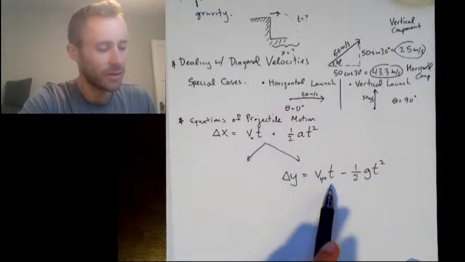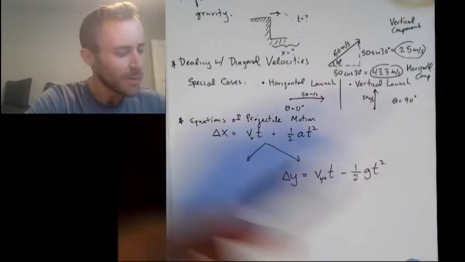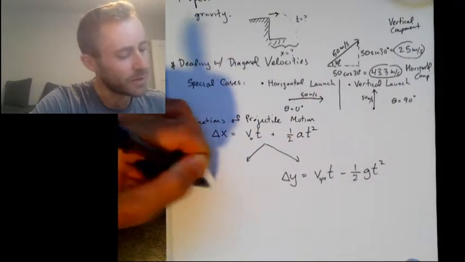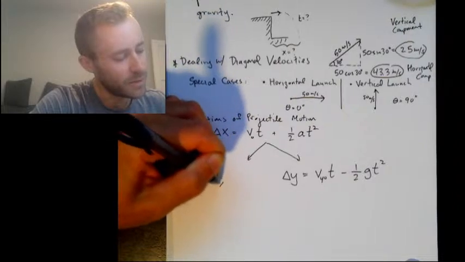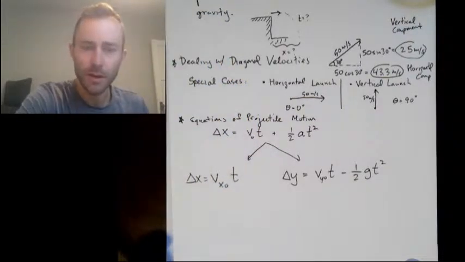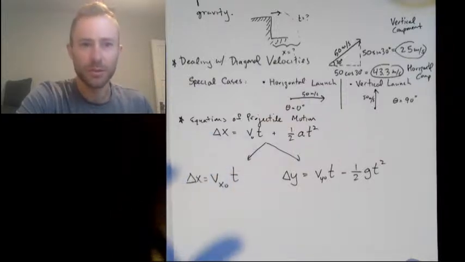Okay, it has a constant velocity term and it has an acceleration term. The delta x equation is simply vx naught times t. Okay. So let's have some discussion about this.